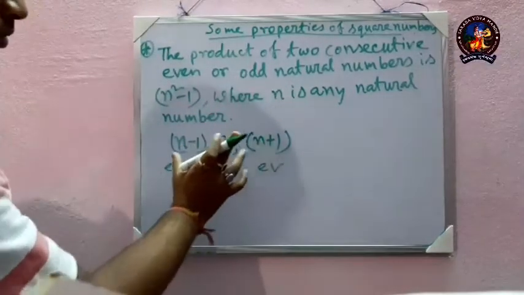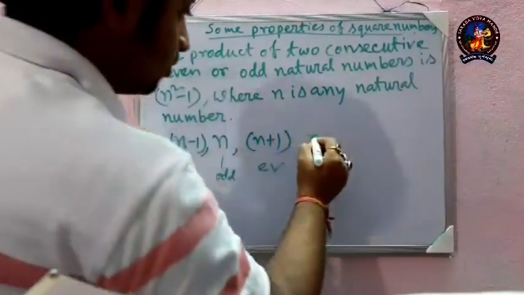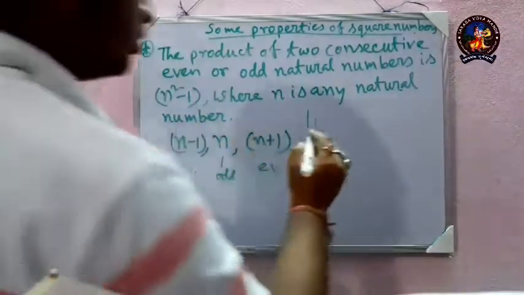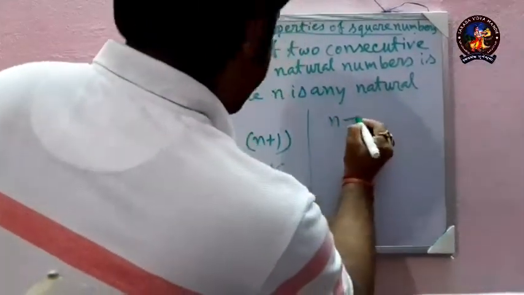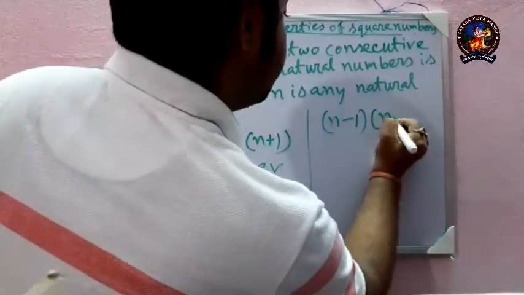So they are the consecutive even numbers. Now here I am taking the consecutive even numbers n minus 1 and n plus 1.